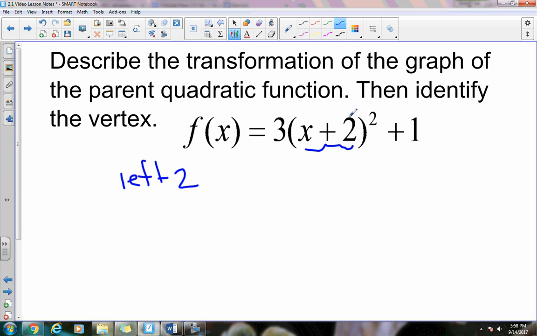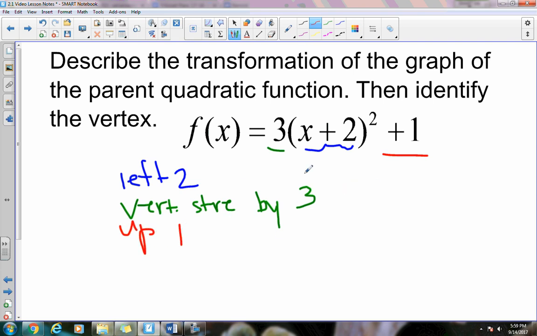That's this part. Then I'm expanding it out to here, and now I've got my vertical stretch by a factor of 3. I'm going to abbreviate because I can't stand writing with the mouse. Vertical stretch by 3. And then finally, up 1.